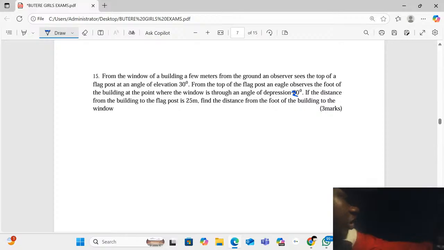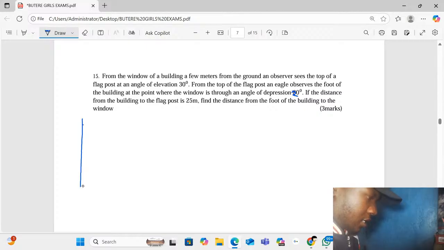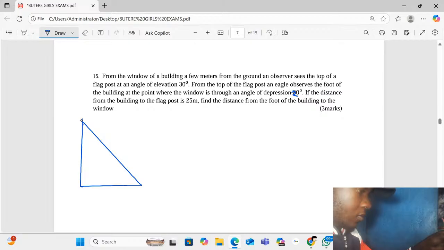So we can have a sketch of what we are saying. So that is the flag post. This is now the window.